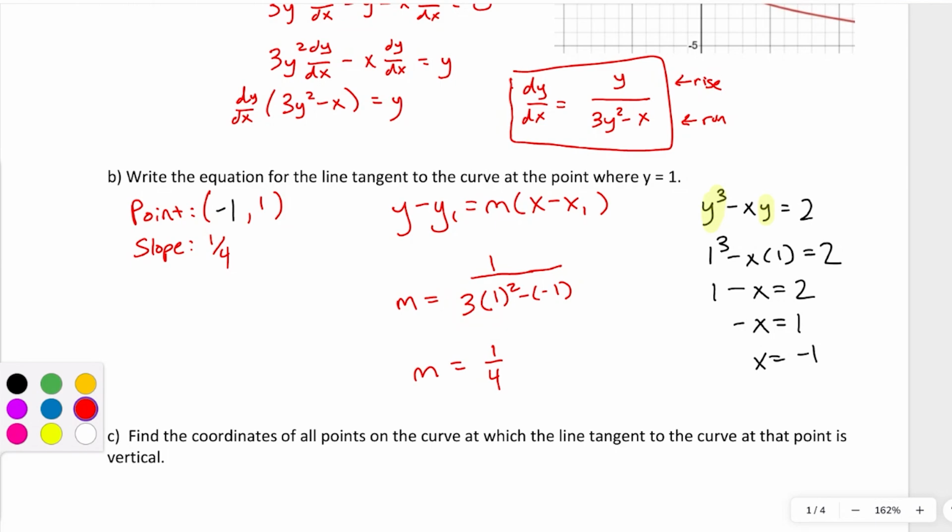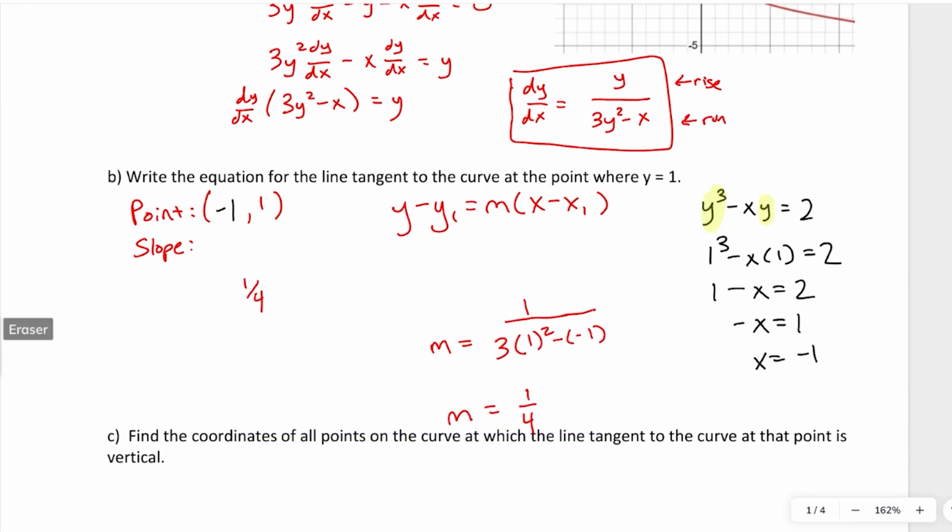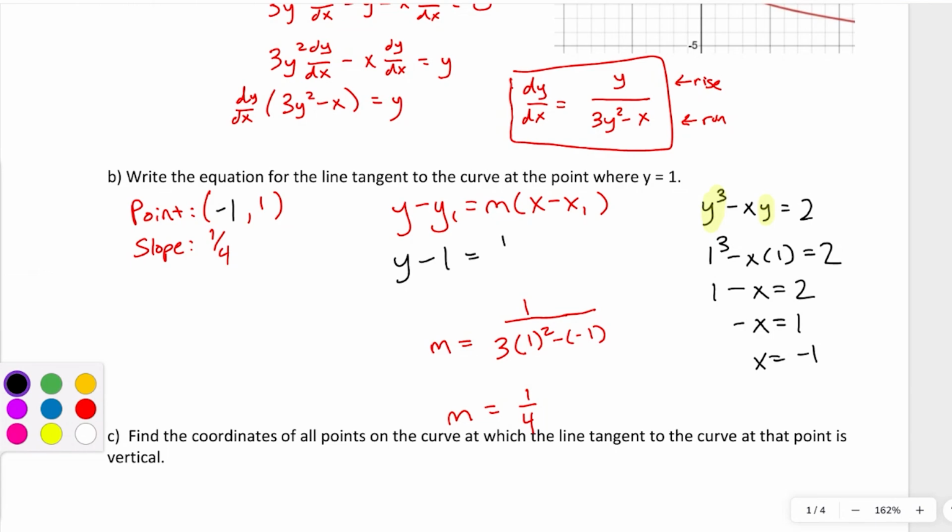So now we're ready to write the equation of our line here. It's going to be y minus 1 equals 1/4 times x plus 1.